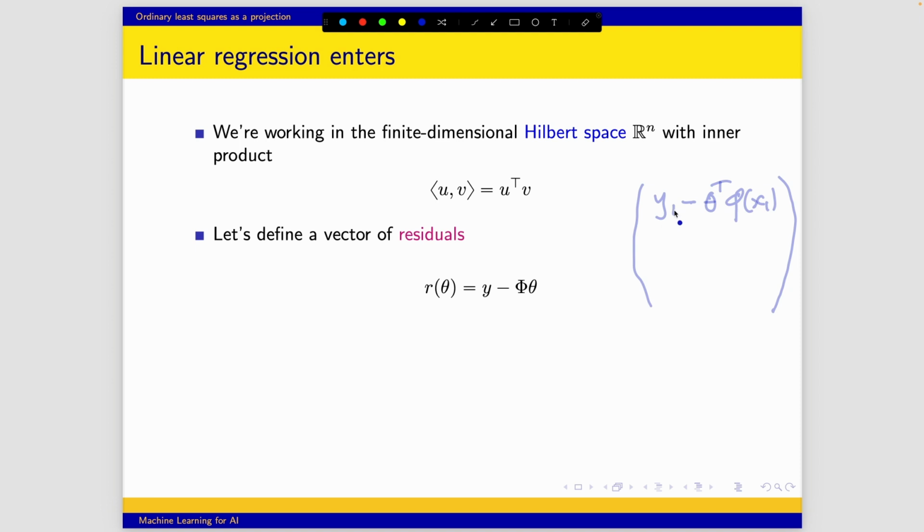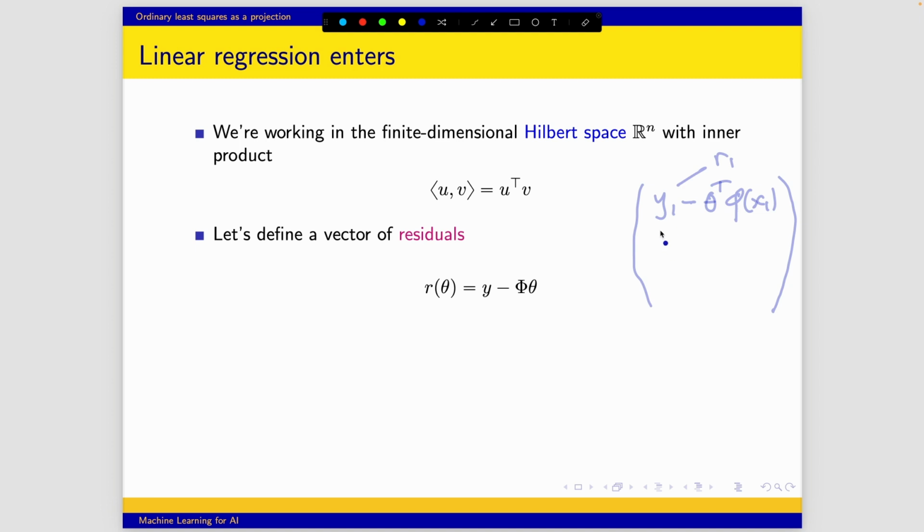So it's our observed value, the value in our data set, minus our prediction of this. And we can call this r1. It's the residual. It's the discrepancy between our prediction and the true value.